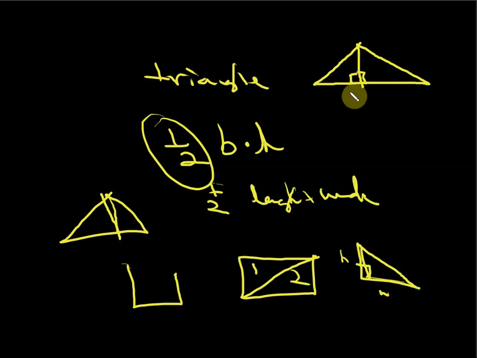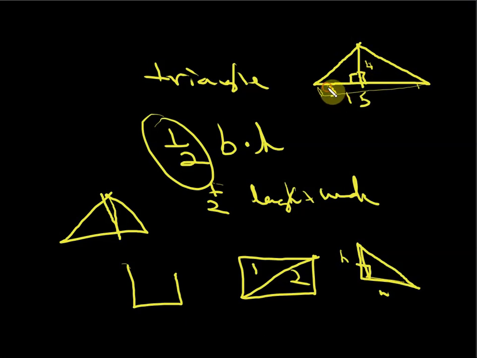So if we had 4 and we had 15, the entire base is 15, and we have the height here, but we're going to be missing a couple of things. We want to know the area of this portion.